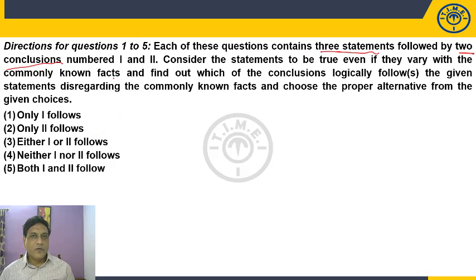Nothing new about this. We have been practicing this on so many occasions, so these are very standard directions, and the answer choices are only 1 follows, only 2 follows, either 1 or 2 follows, neither 1 nor 2, both 1 and 2. Okay, let us go to the questions.